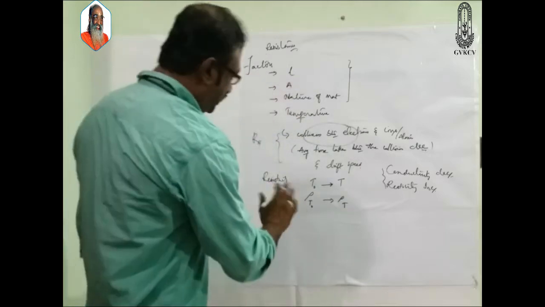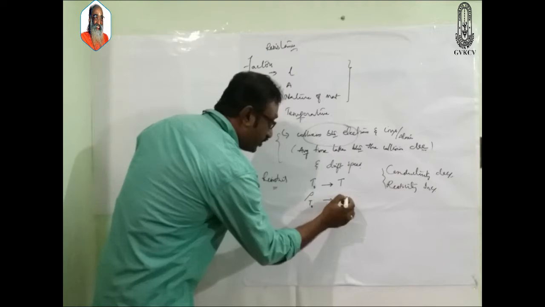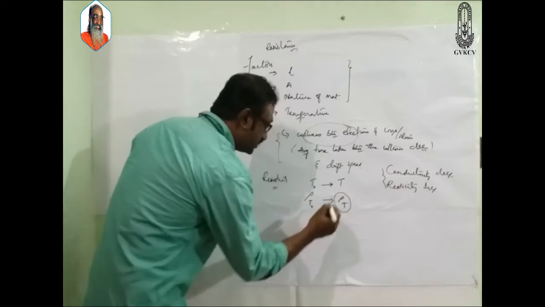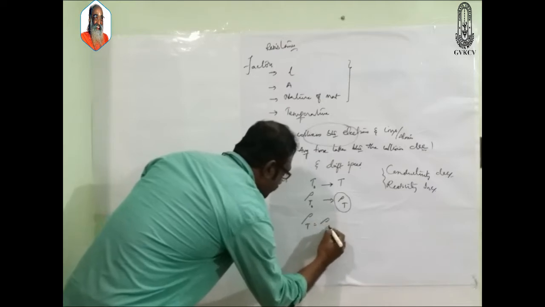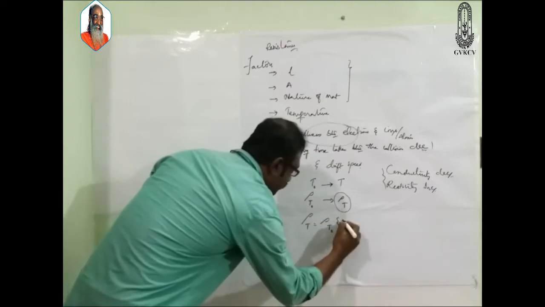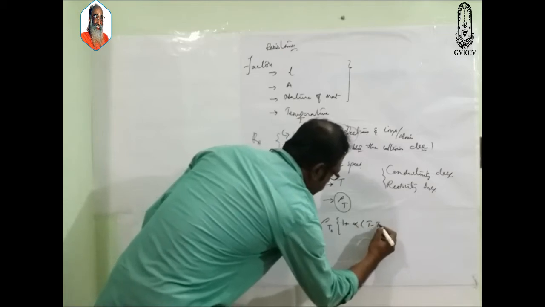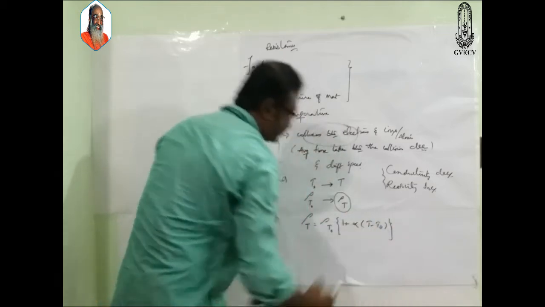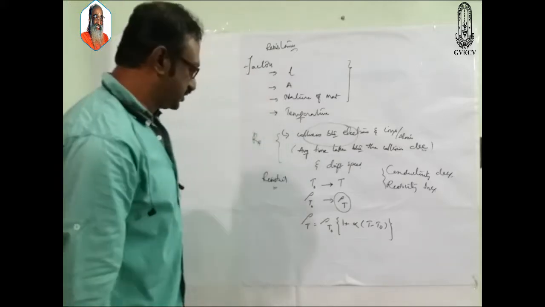Now the relation to find the resistivity at this temperature is given by the formula rho T is equal to rho T0 into 1 plus alpha into T minus T0. Using this formula you can find the resistivity at this particular temperature.